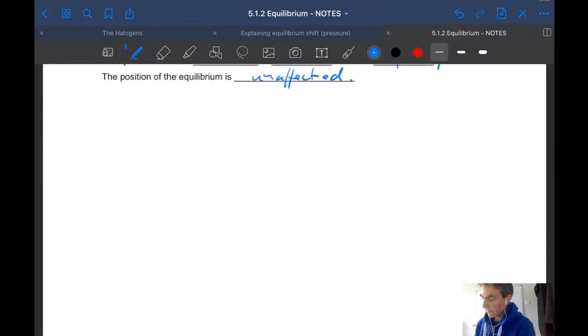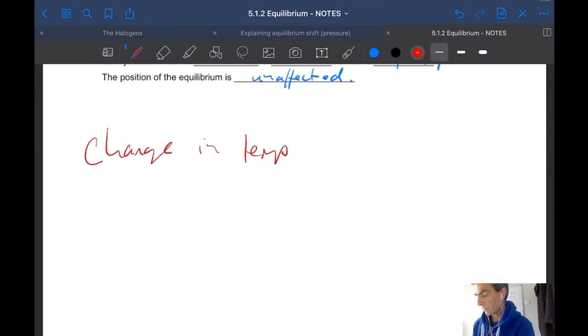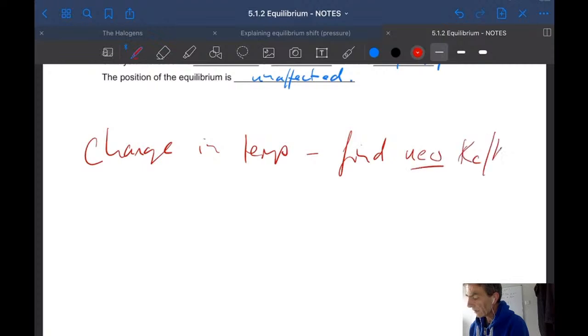So we've got a load of space here. I've got a few extra key things that I would tell my students. So, change in temperature: need to find the new Kc or Kp value. That's why it shifts, to find the new Kc or Kp value.